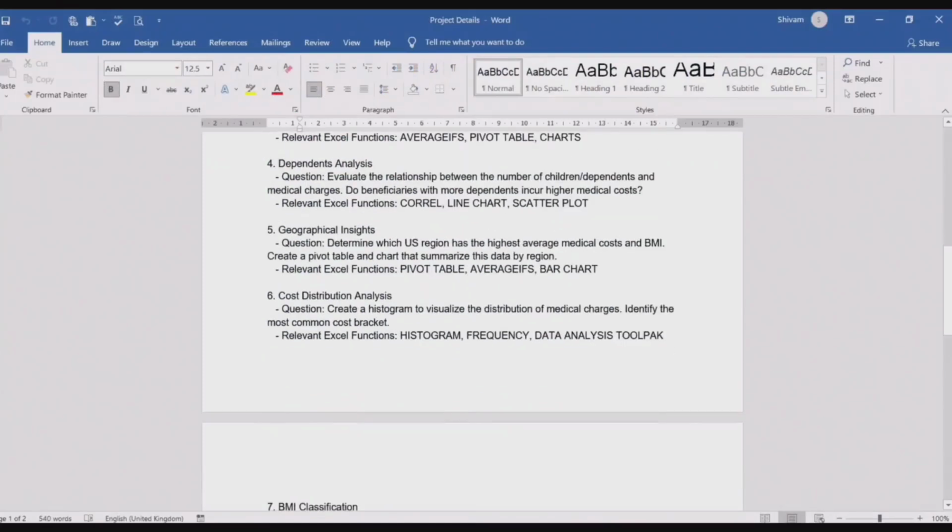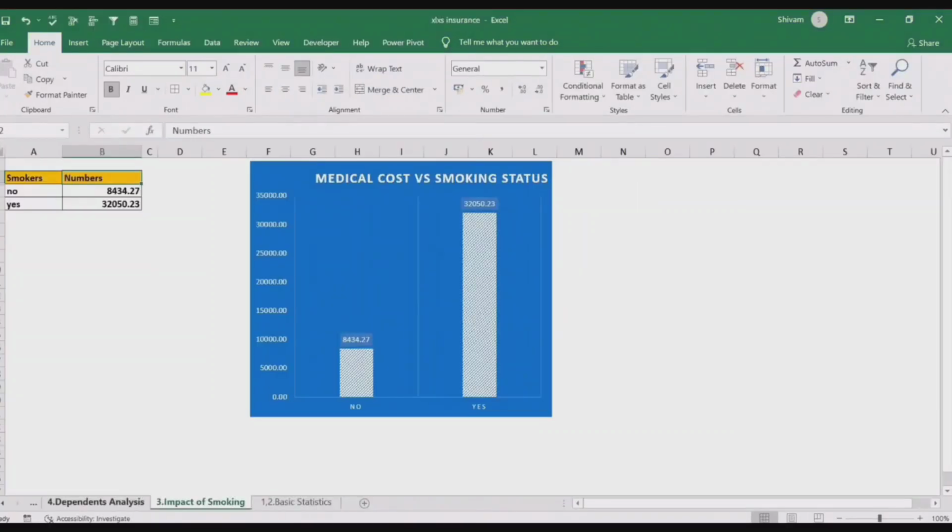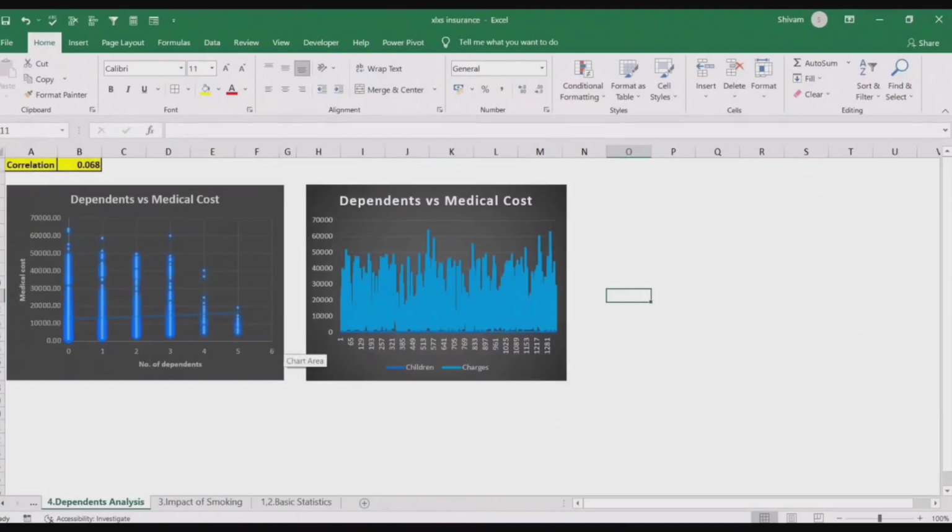The next question is dependent analysis. We have to evaluate the relationship between the number of children dependents and medical charges, and also find out whether more dependents incur higher medical cost or not. So I have calculated the correlation using the formula.